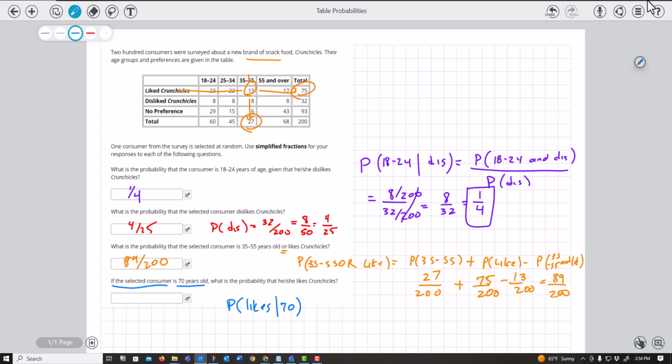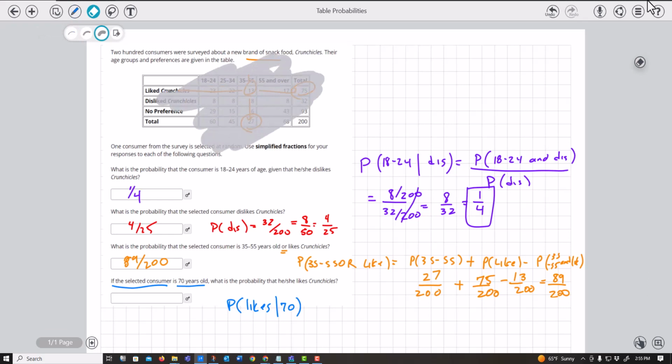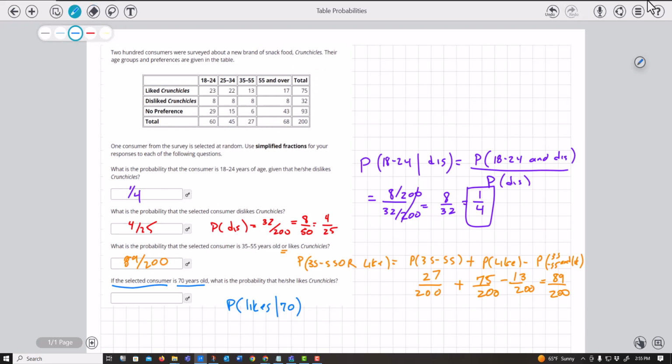So in this case, if I clean my table out here, I know that they are 70, which means they're 55 and older, and they like crunchies. So I don't really have to do too much here, but you have to be careful with the given part. They were given, and so I get the 17 over 68.